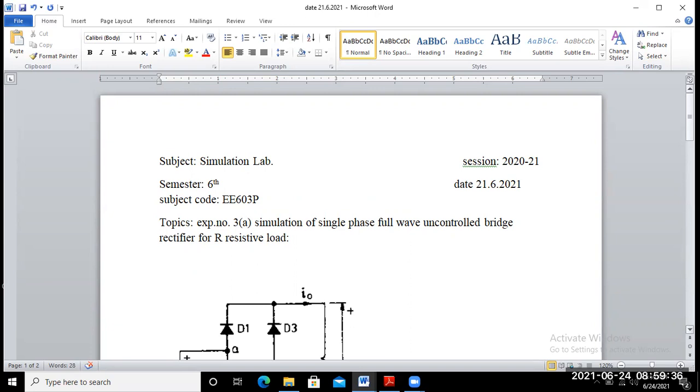But here in the full wave, we require 4 diodes for the single phase full wave uncontrolled rectifier.